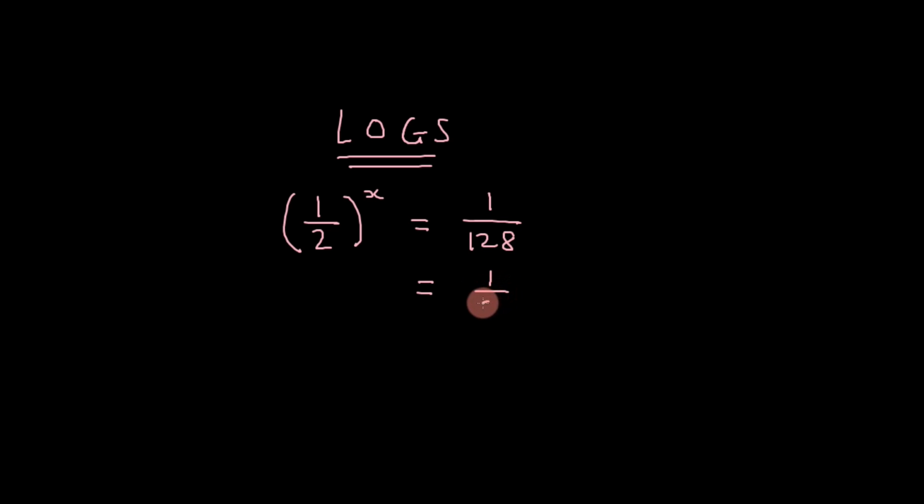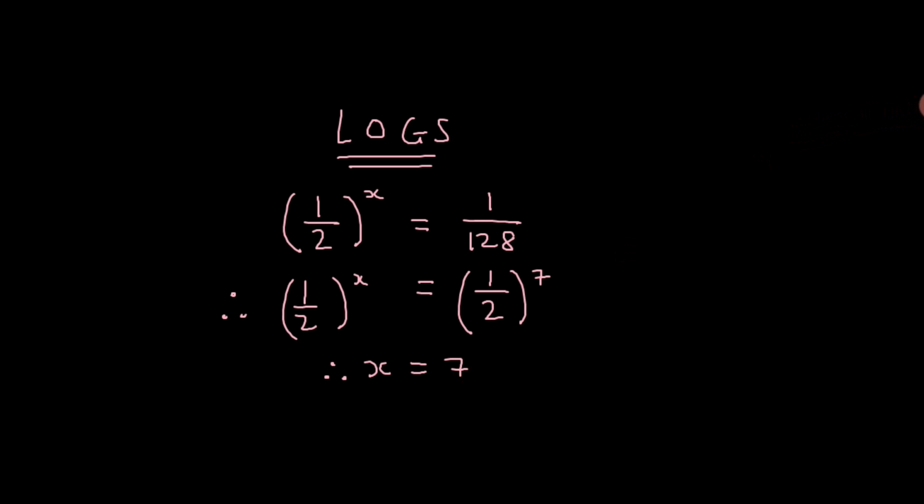So the right-hand side we can write as a half to the 7. So we have a half to the x equals a half to the 7. And as you may have noticed, we've made the bases the same on both sides. So if the bases are the same, the powers must be equal. We can drop the bases and x would be 7.